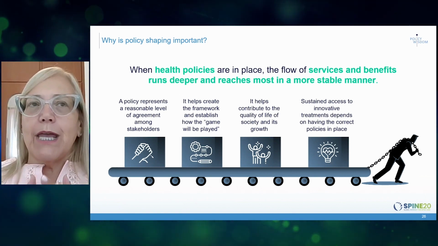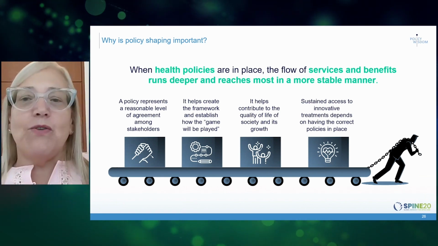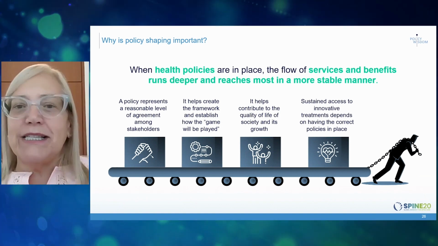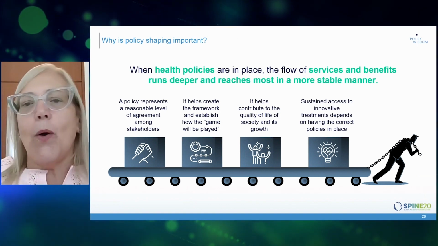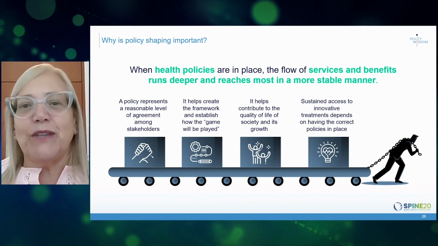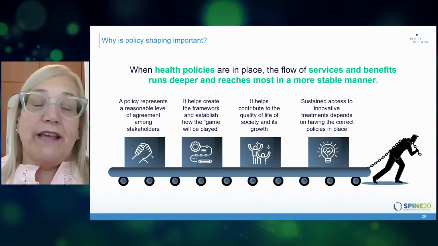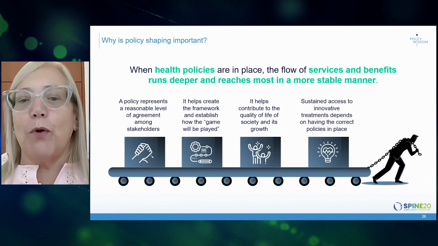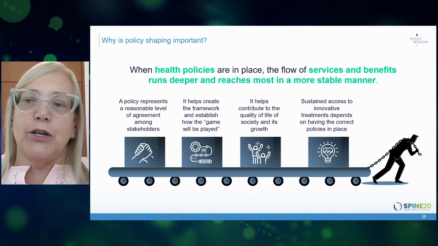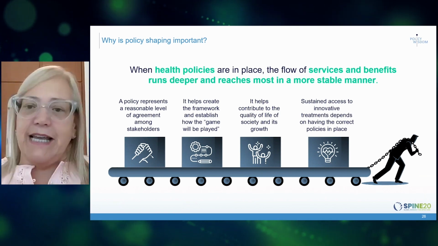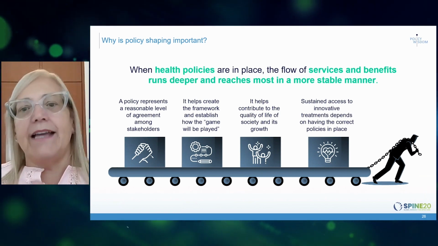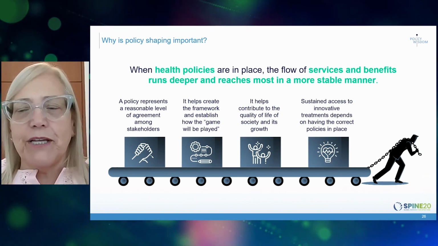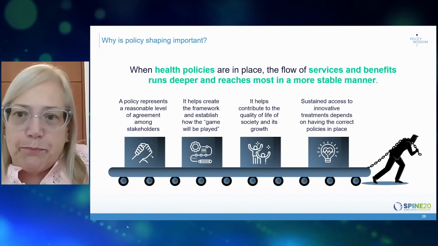So, for example, the immunization schedules of countries, which is a type of policy, include immunization for diseases that many years ago were causes of death, and today are totally preventable, or they have been eliminated. So it is important to understand that good policies will help improve society's growth and life expectancy and quality of life. And as I had said, they also create access to new things. So innovative treatments, innovative prevention tests.